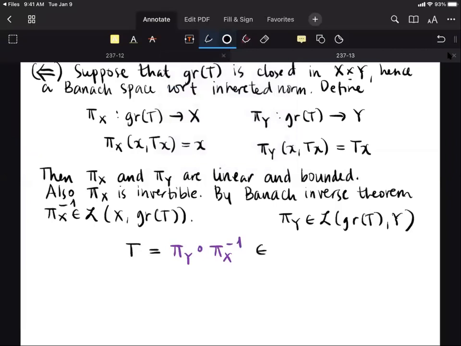The composition of two continuous mappings is continuous. The composition of two linear maps is again linear. Therefore, this is linear and continuous.